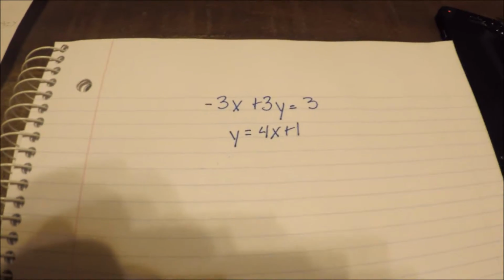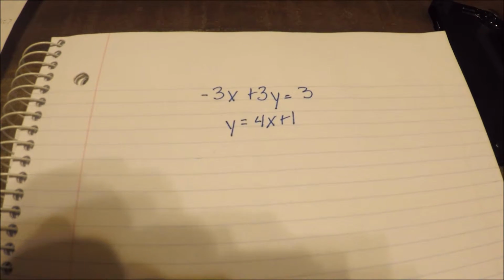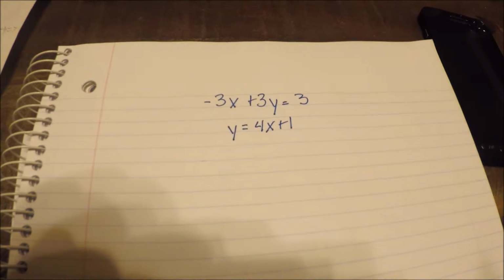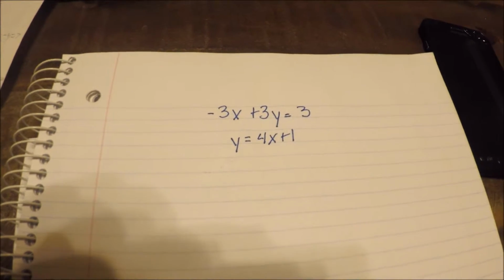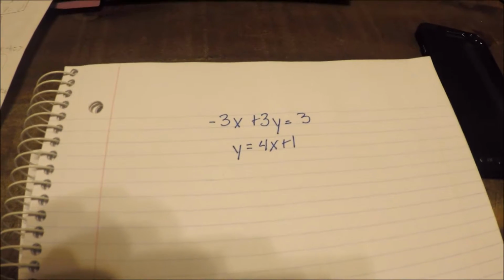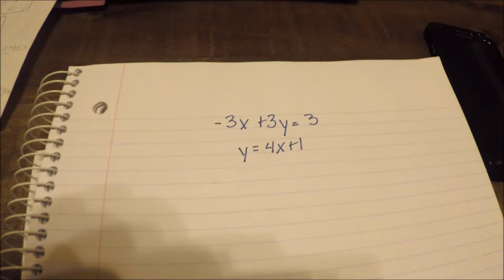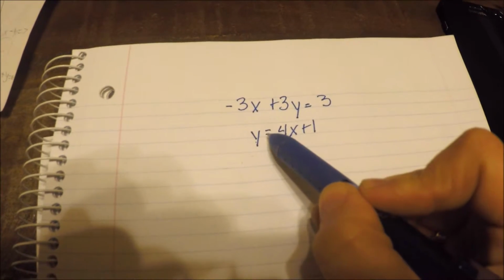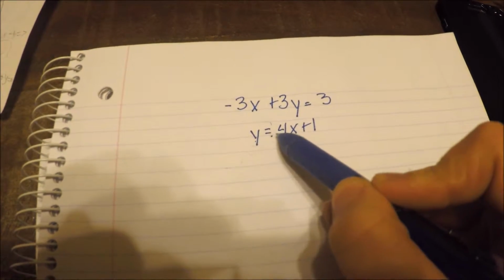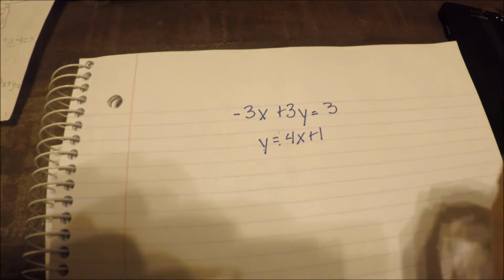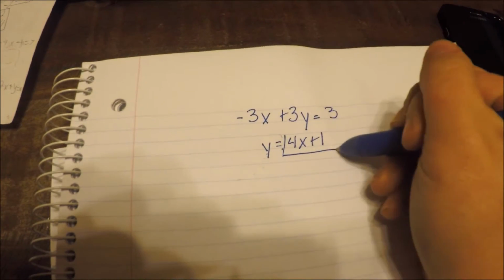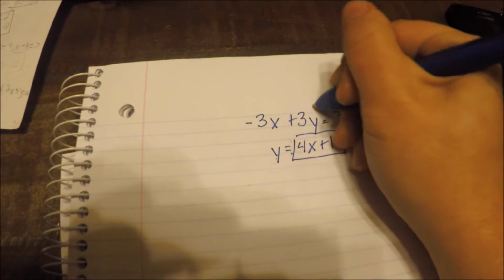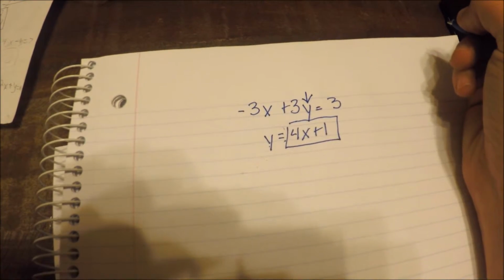I want to give you a second to decide what part of these two equations we're going to use to substitute into the other equation. All right, so our identifier here is y equals. Since we have a variable that is equal to something by itself, we're going to use this 4x plus 1 in for y in the first equation.